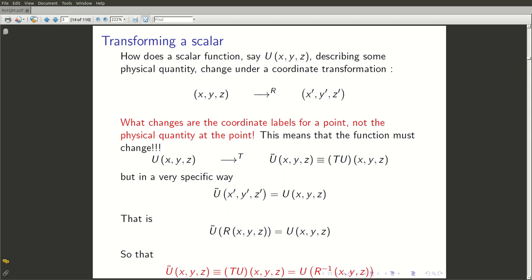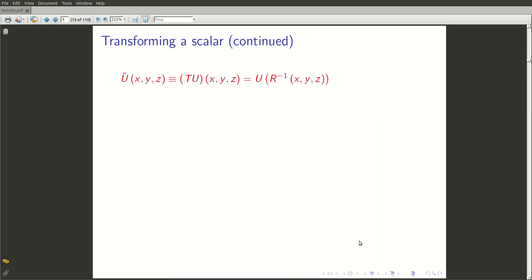You should notice that this statement here and this one here are effectively the same statement. u tilde at R x y z is u at x y z, and hence u tilde at x y z has to be u at R inverse x y z. So this is the rule that we have come up with for transforming a scalar quantity or a scalar field. u tilde, the new function describing the scalar field, which is the same as Tu, the transformation T acting on u in function space.